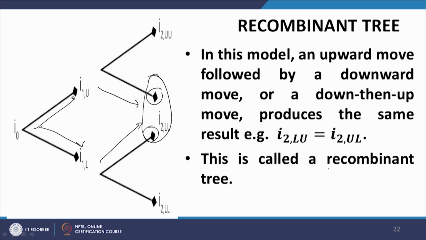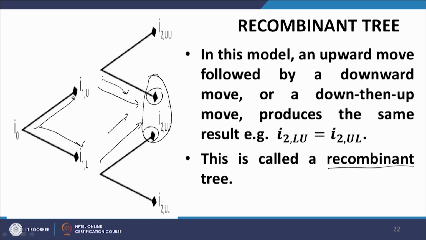This is called a recombinant tree, because there is a recombination of branches, as you can see here. This branch here, this branch here, and this branch here are combining again. These two nodes are converging. So, that is what is called a recombinant tree.